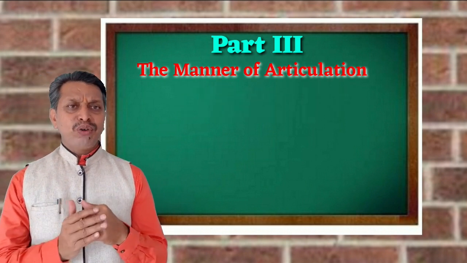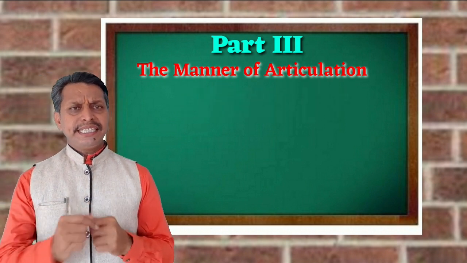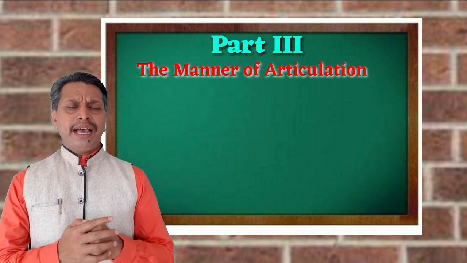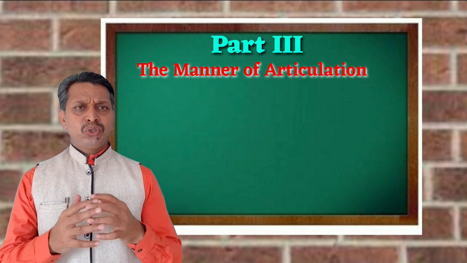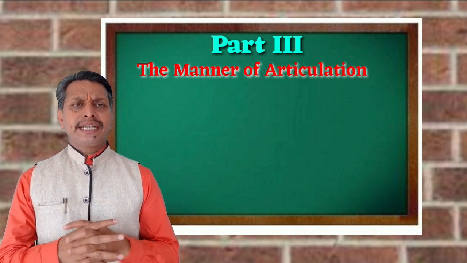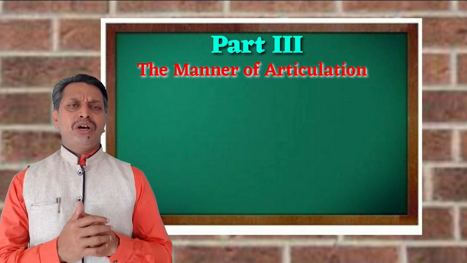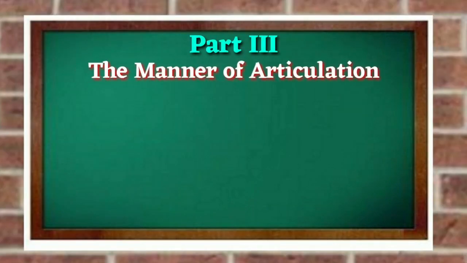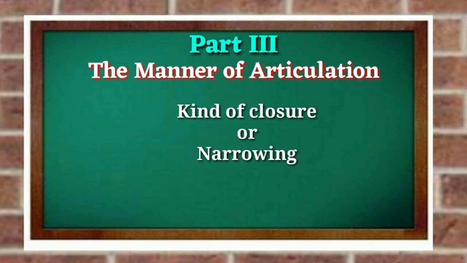Friends, in this video, we are going to discuss in detail the manner of articulation and try to understand the description and classification of all these consonants. The manner of articulation specifies the kind of closure or narrowing involved in the production of a sound.